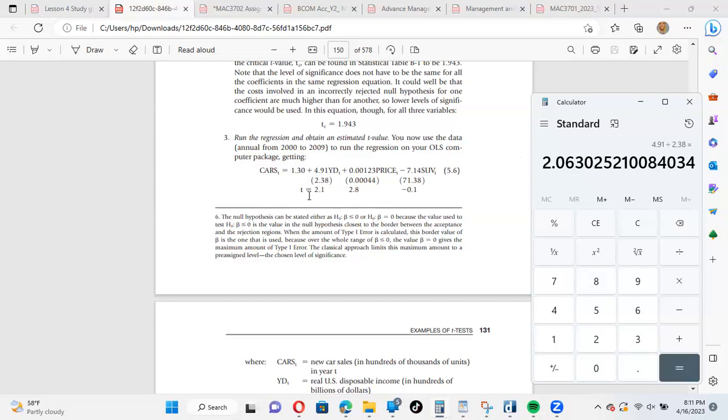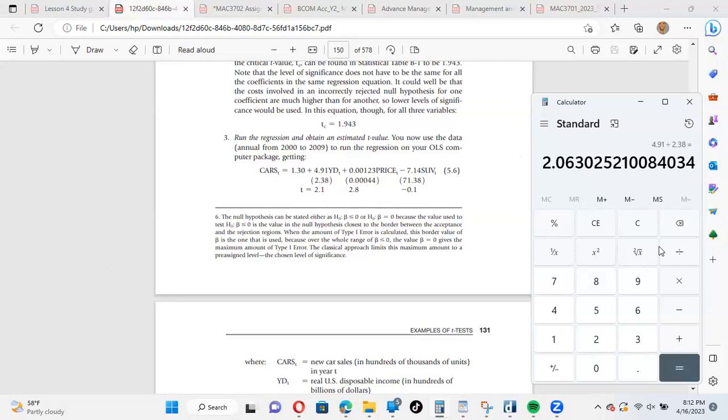We compare that 2.1 to the critical value, to see if it exceeds. In this case, 2.1 is greater than 1.9. So we reject the null hypothesis.